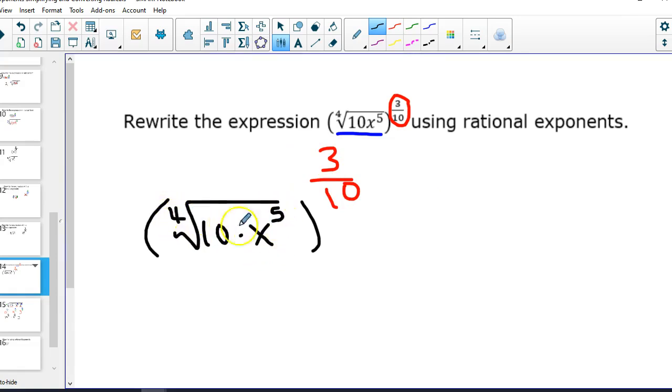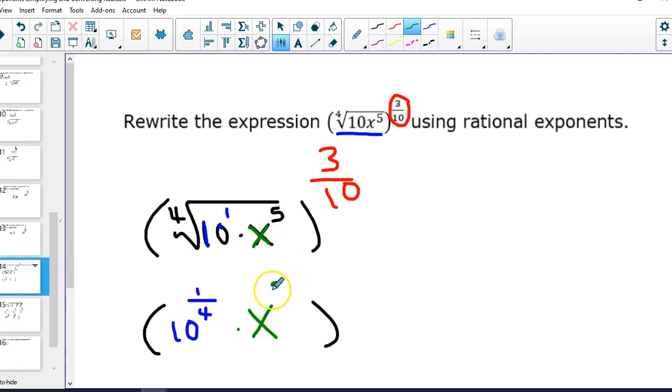We have a 4 for our index out here. Say we have two bases. We're going to break it up separately like we just did. Looking at our first term, our 10 is raised to a single power and has an index of 4. So we'll have 10 to the 1 over 4 times our x, which is our base. It's being raised to the 5th power and has an index of 4. And then all of this is being raised to the 3 over 10 power.